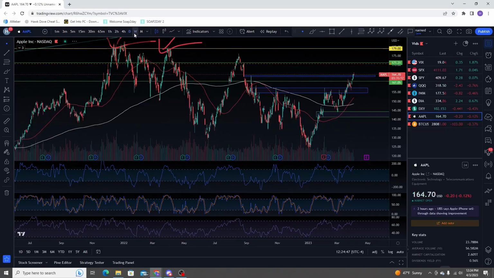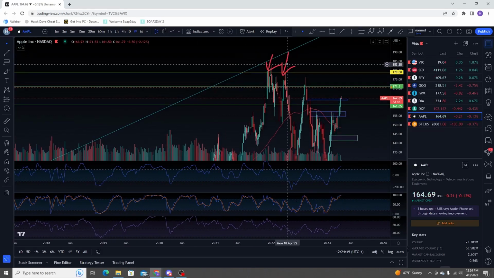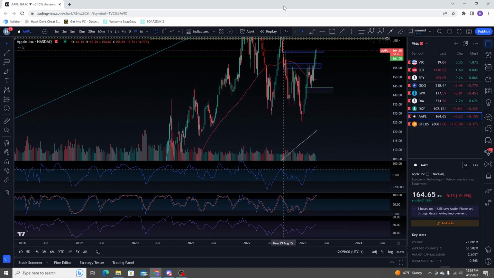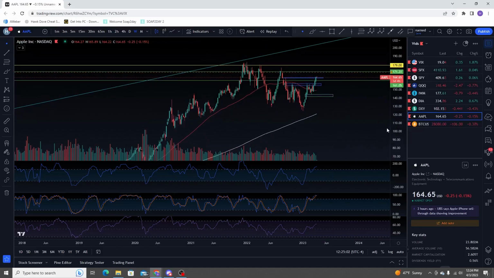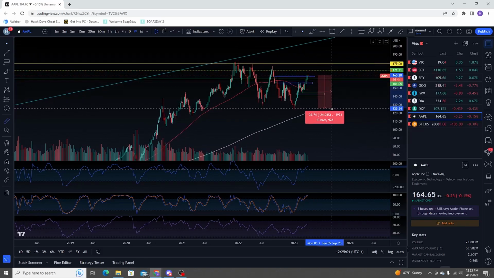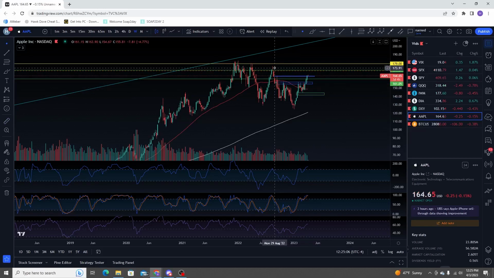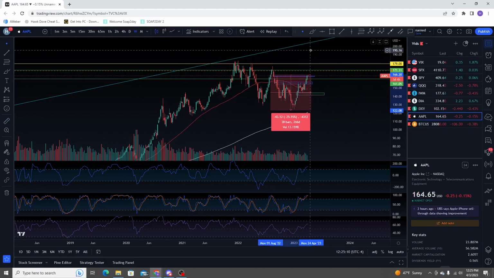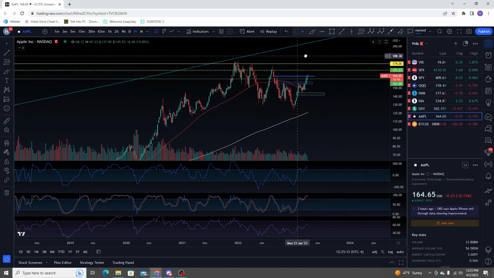Exactly what I have with these arrows, you probably have something similar to that loading. I'm not saying it's going to happen, but you see how far Apple has come from the low. Off the top of my head, it's like 24 to 25% right there. Well, last time you were up here, you had room to fall.